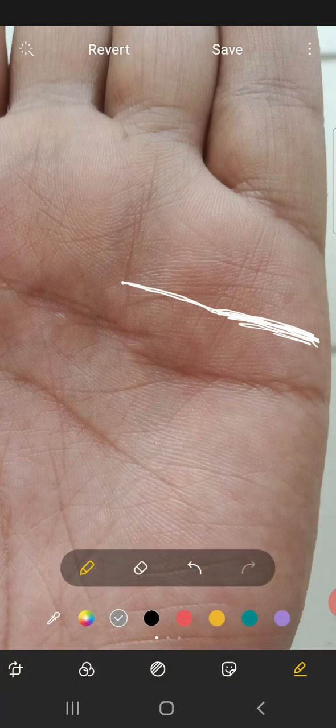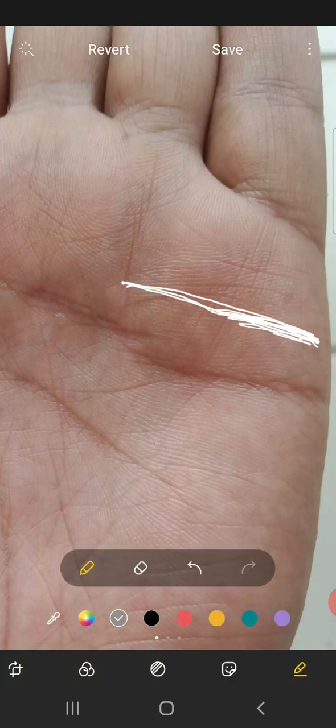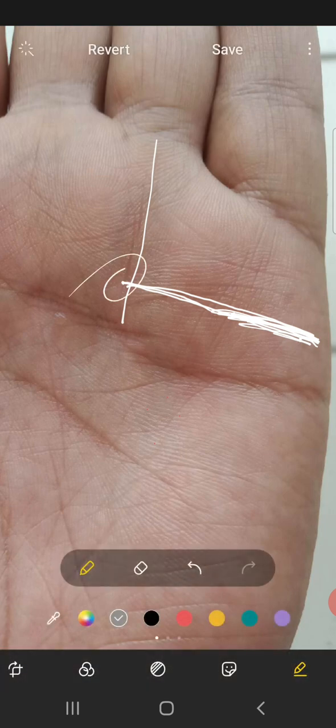This line, which comes from here, should be thicker at this area and start thinning out. This should be thicker below the Mercury mount and start to thin out before it touches the Sun line. Okay, it should not cross. I have shown a cross here, but it should not cross the Sun line. Now this is one formation. This is the Raja Yoga I told you.